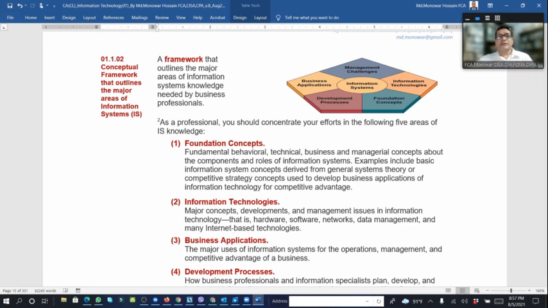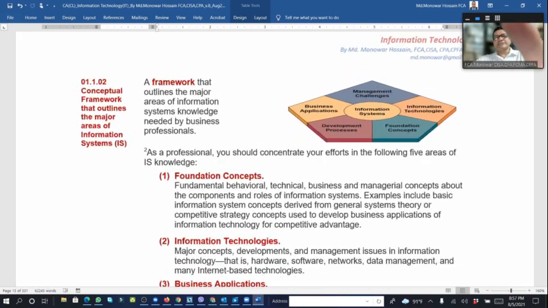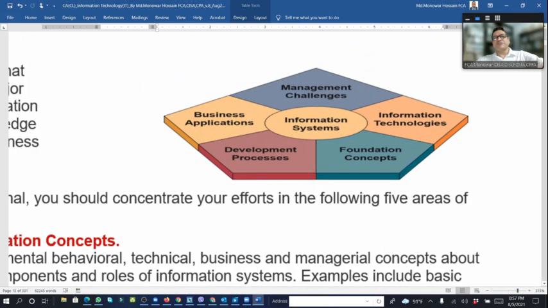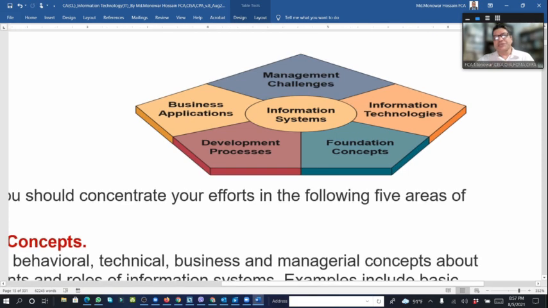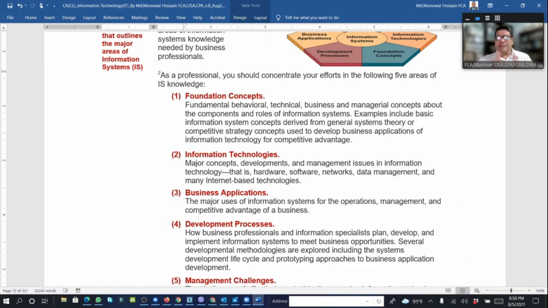And here is the conceptual framework of the major areas of information system knowledge: a framework that outlines the major areas of information system knowledge needed by a business professional. Information systems include information technologies, foundation concepts, development processes, business applications, and management challenges.